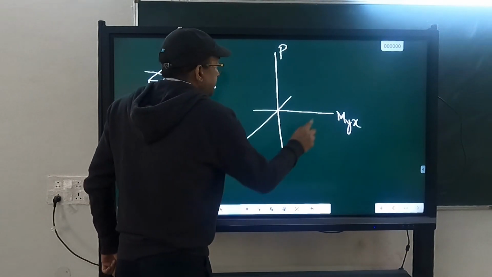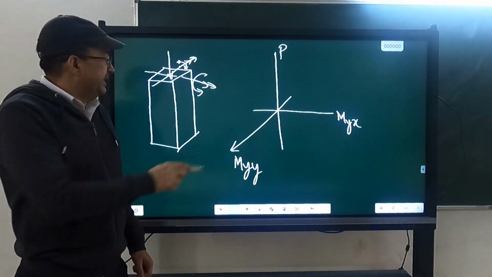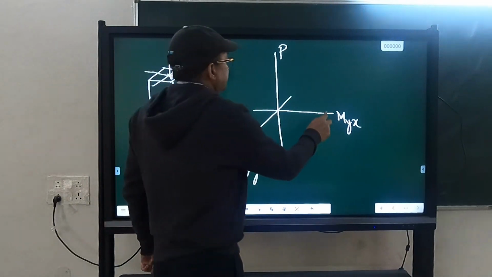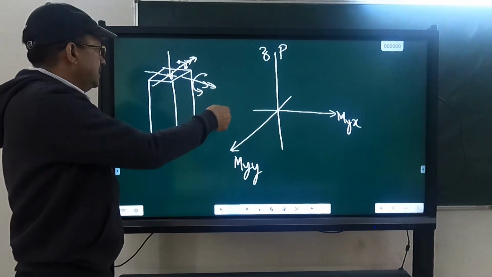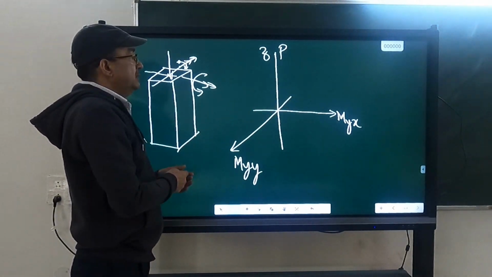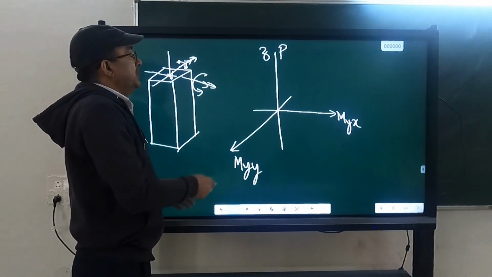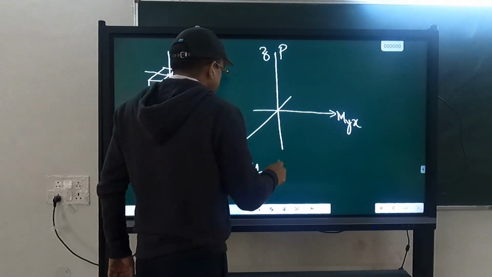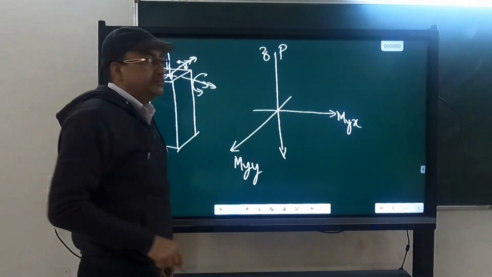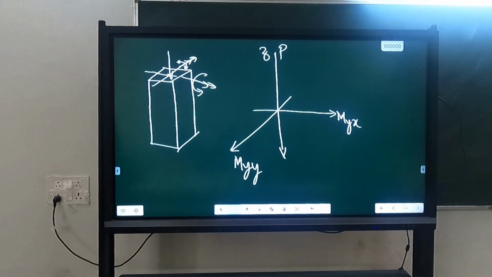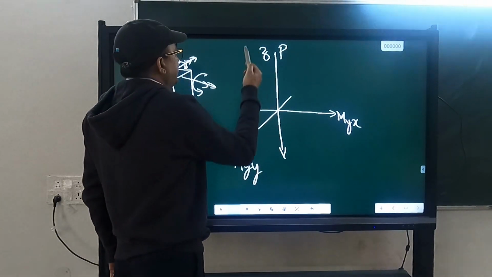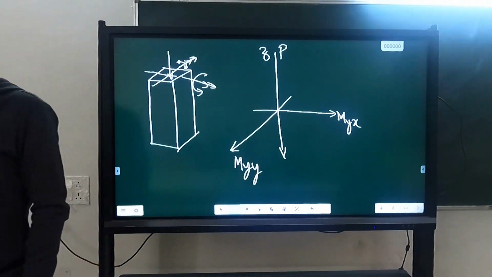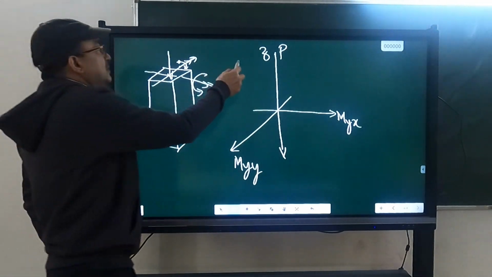So first y represents yield, and x and y represent the directions, and this is, let us say, z. So x, y, okay, so z actually will be downward. So this is the positive direction of z. You remember the right hand thumb rule? X to y, you will rotate. So this is x, this is y, this is z. Okay, let's say tension is positive, so compression will be this side.